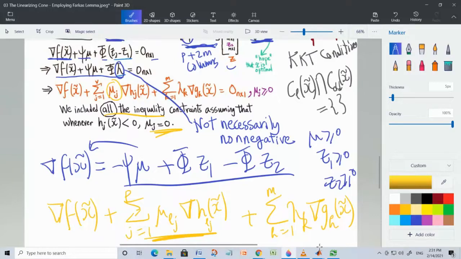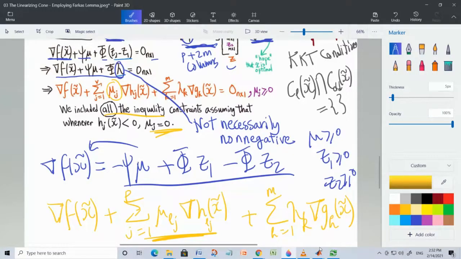Because the issue is that before solving an optimization problem, you don't know which inequality constraints at the optimal solution will be satisfied with a strict equality or strict inequality. You don't know.